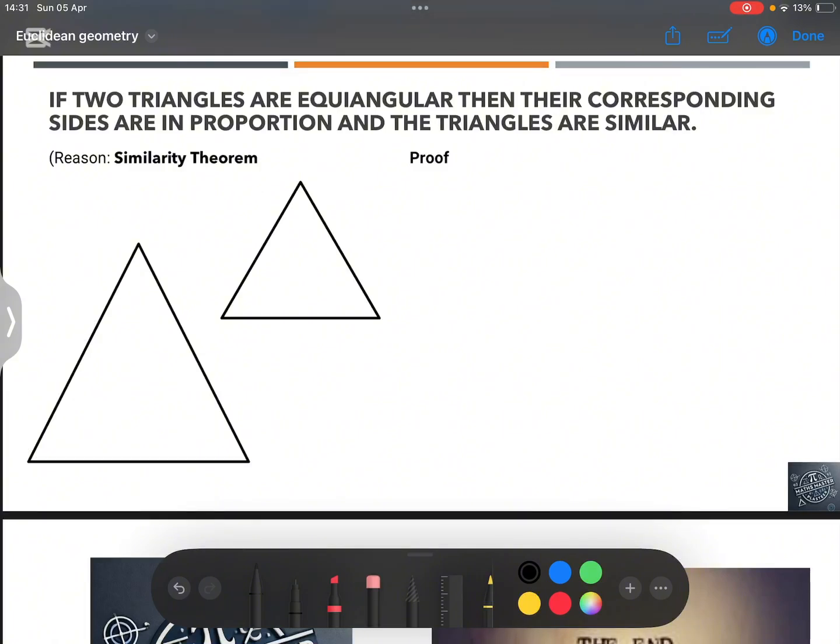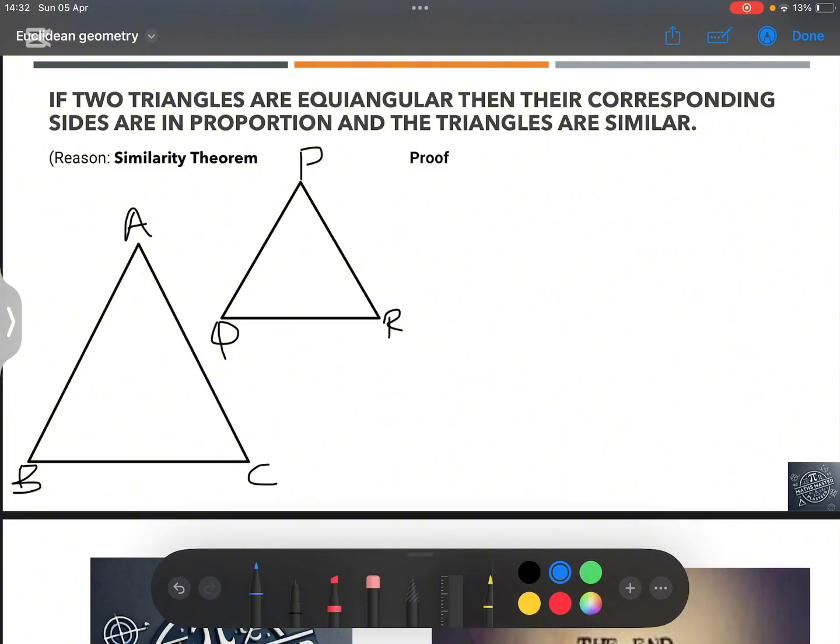So now we have triangle ABC, and then we also have triangle PQR. Now let's look at the two triangles. The first thing we need to do is to construct. Let's go and construct before we can prove.